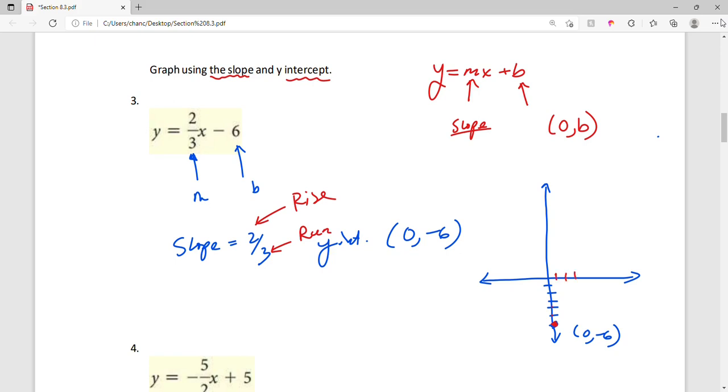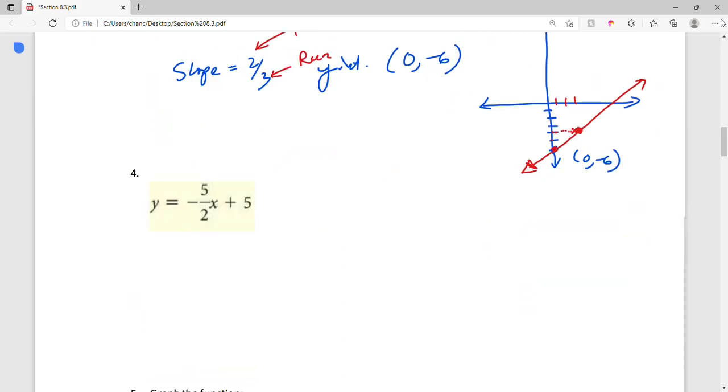So this is going to be our second point, and that's allowing us now to graph the line with 2 points. Again, from the y-intercept we go up 2, 1, 2, and then we're going to go to the right 3 spaces for the run, giving us our second point.